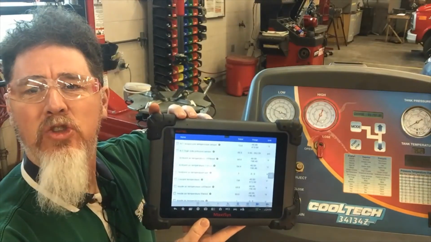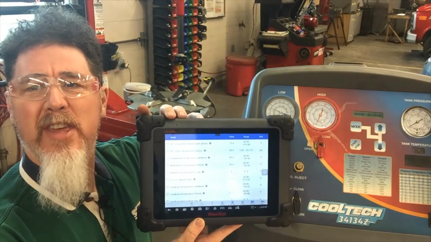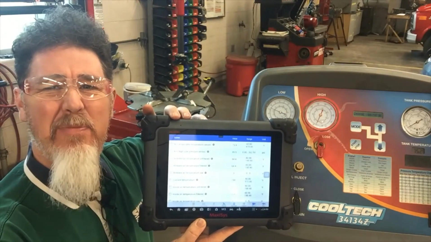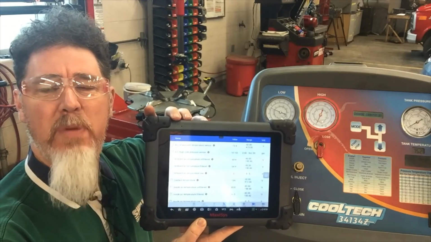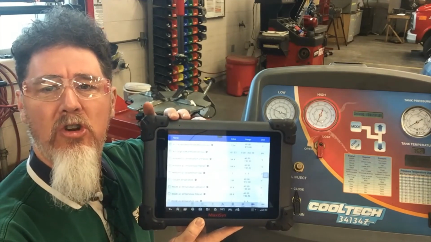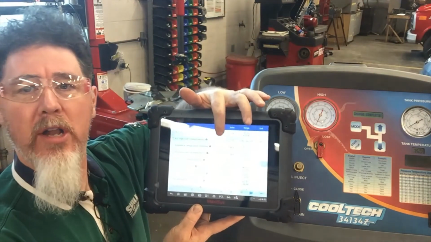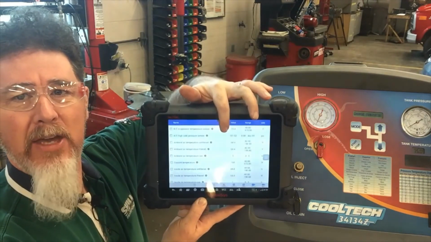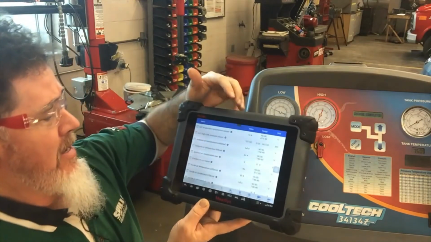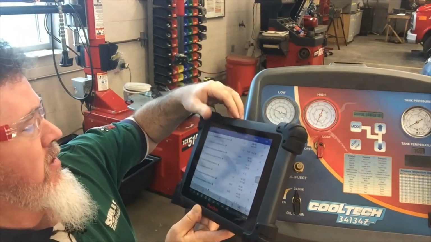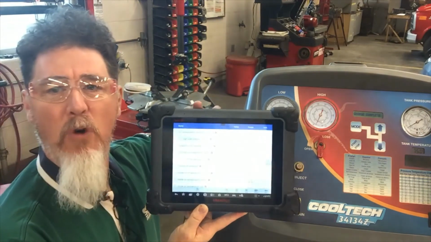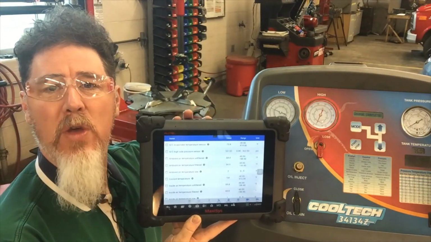Looking at the scan tool pressure, the high side pressure on this system is around 100 psi, and it says 101 psi right there. My engine temperature is around 194, so you can see that the engine is fully warmed up.